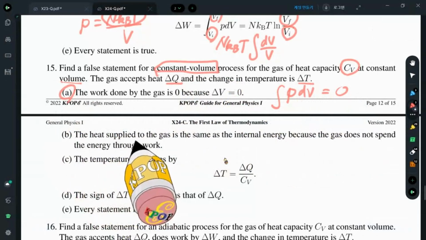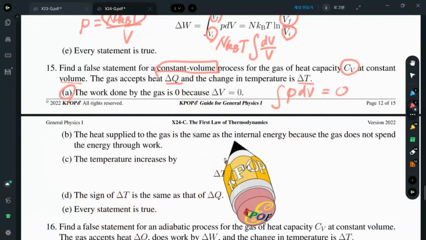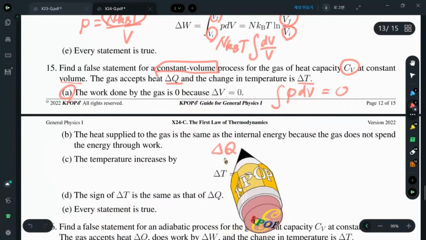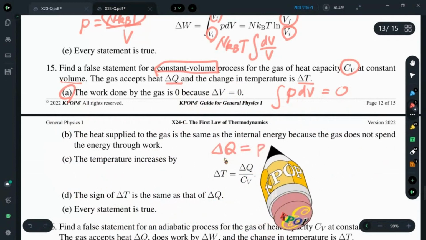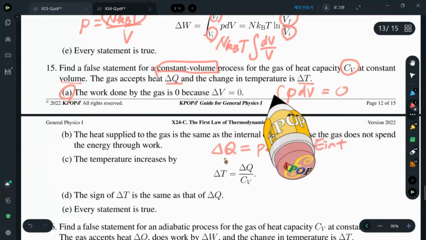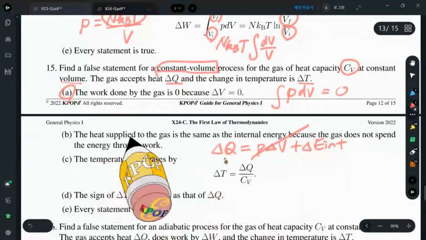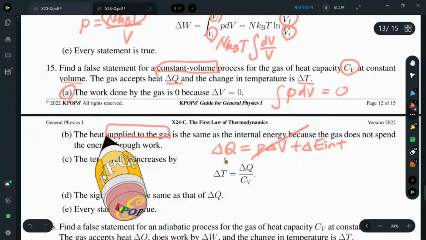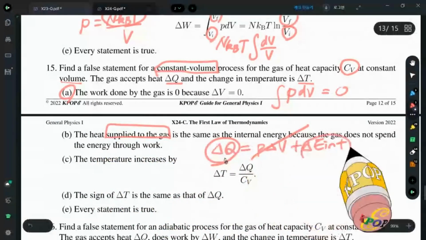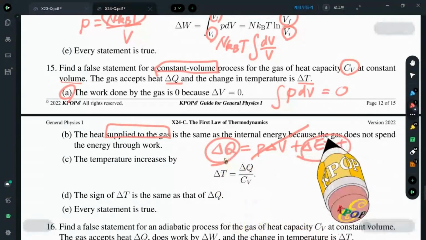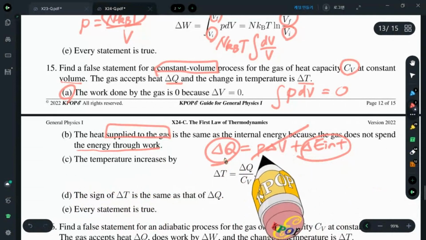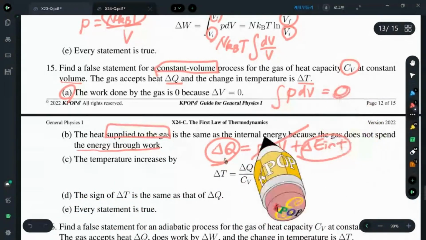The heat supplied to the gas is the same as the change in internal energy, because of energy conservation, P delta V plus delta internal energy, and P dV vanishes. The energy supplied to the gas and the internal energy change are the same. The gas does not spend energy through work because there is no work.